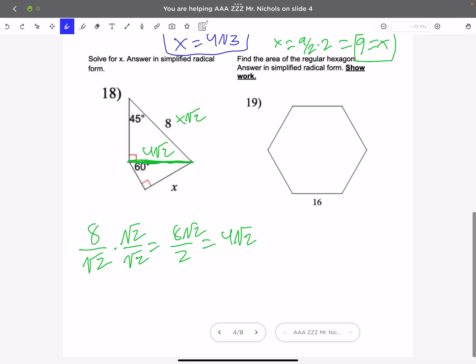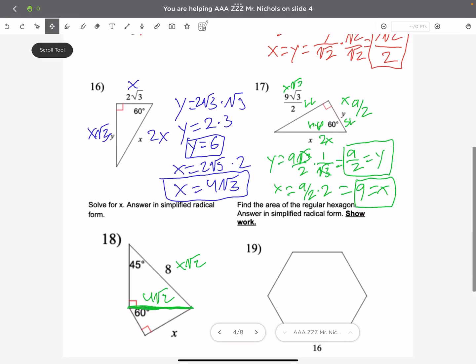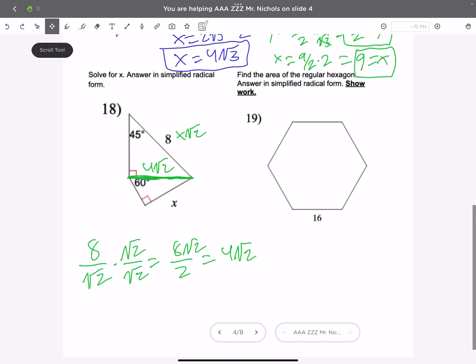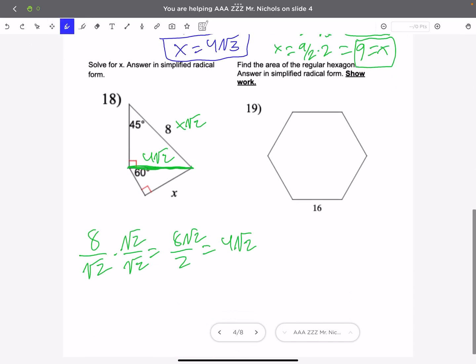So to go to the short leg, I divide by 2. Right? If we come up here to our short leg, our hypotenuse is 2x, and so our short leg is x, so we divide by 2. And so 4 root 2 divided by 2 is just 2 square root 2.